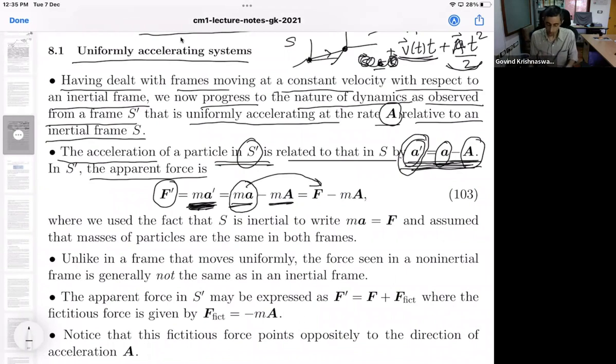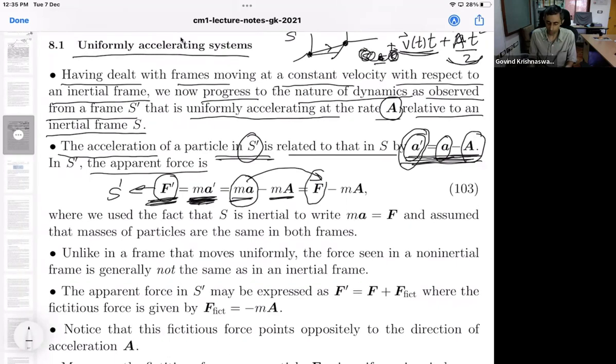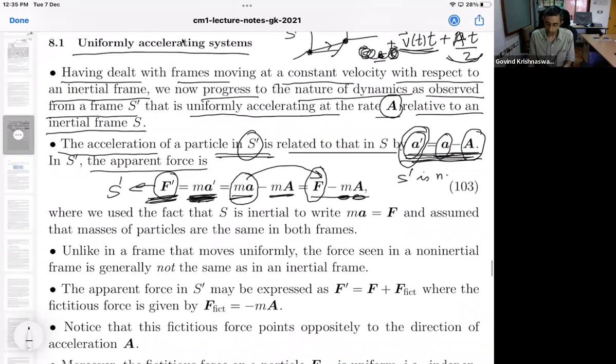So from this, we conclude that the apparent force as seen in S prime is not the original force, but is shifted by the inertial mass of the particle times the acceleration of the frame. All right, so this is the first important observation. S prime is not inertial. S is inertial.